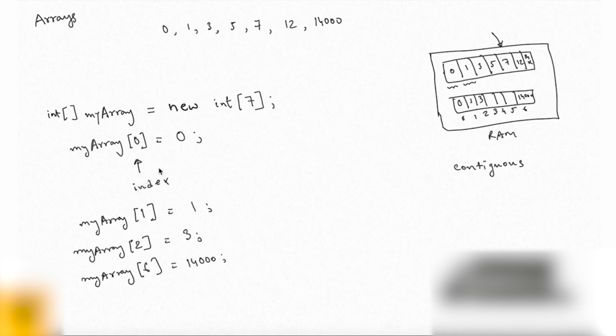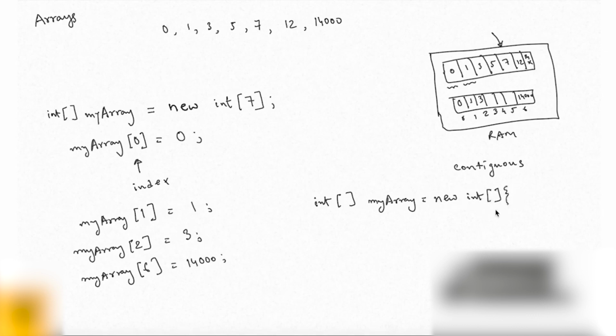But what if we want to define our array with these elements in the very beginning, so that we don't have to assign the values later on after we define our empty array? How can we define an array that is not empty in the very beginning? What we can do is, again, this would be an integer type array, and so we can say my array equals new int, and then in the square brackets we would not put anything.